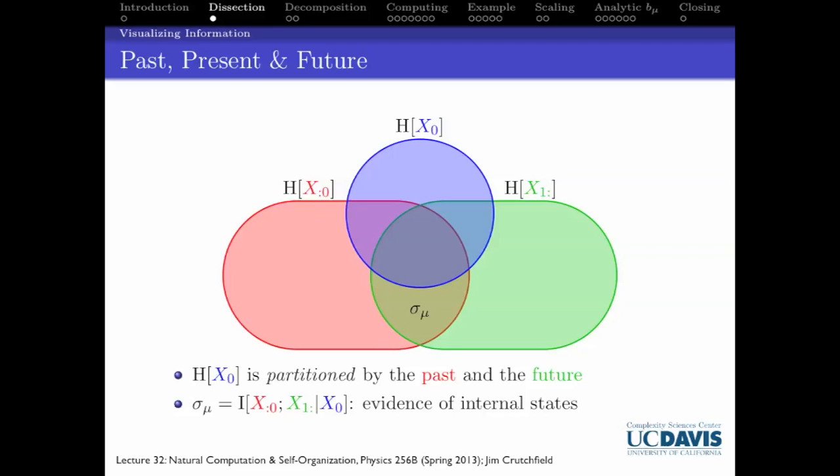And if we were to shift this piece here, so we move forward one time step, then x0 is now in the past, and this is our future, and then the mutual information between the past and the future would be these three pieces. So as we shift in time, what happens is this piece of b mu moves over and becomes this piece. Part that was in the future becomes now part of the past. So if your time series is stationary, these two components are the same in quantity.